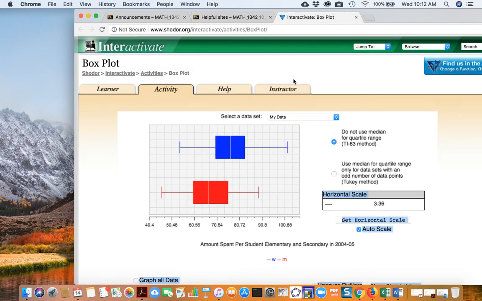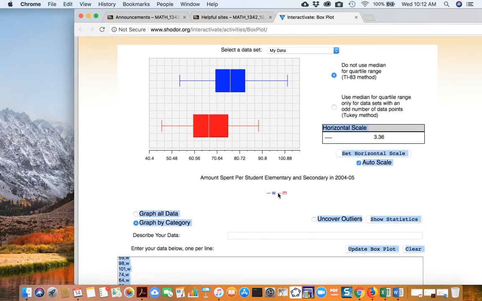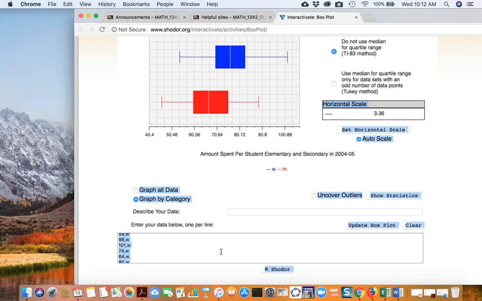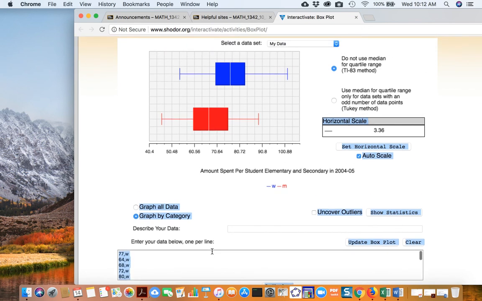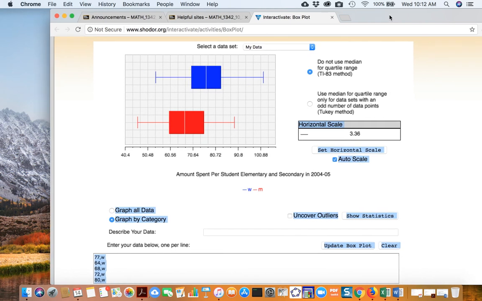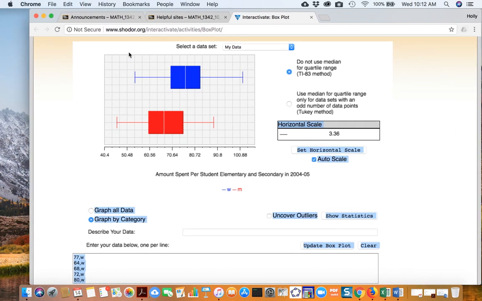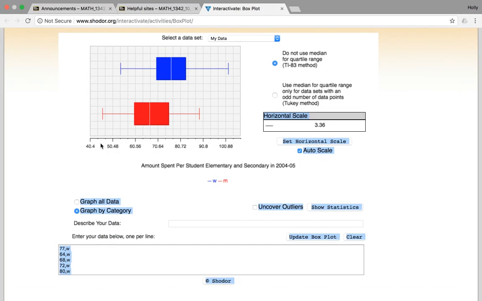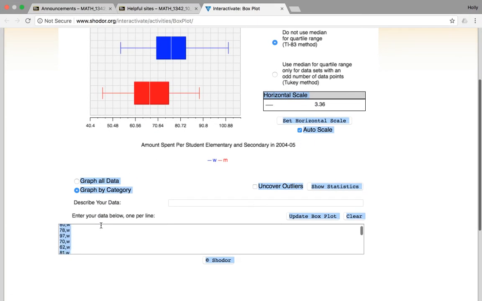What I did was I cleared my data, and I wanted to create 2 different box plots. So I just copied and pasted the data for the women in here. Now I did have to put comma W after each data value, so that took some time.